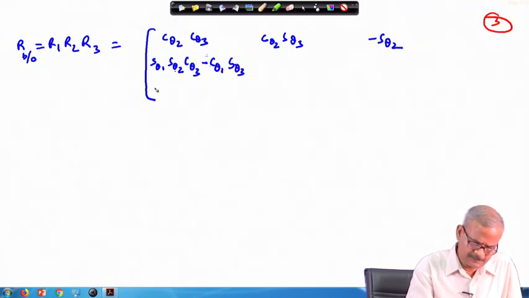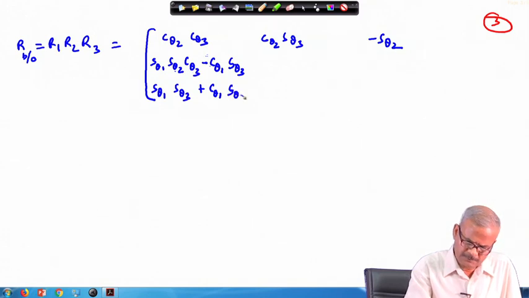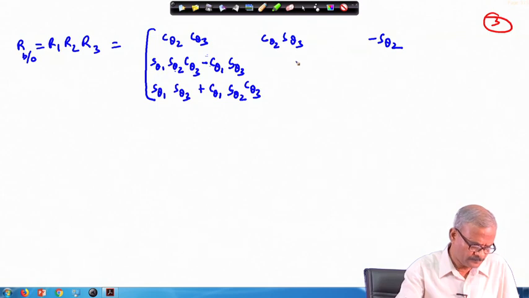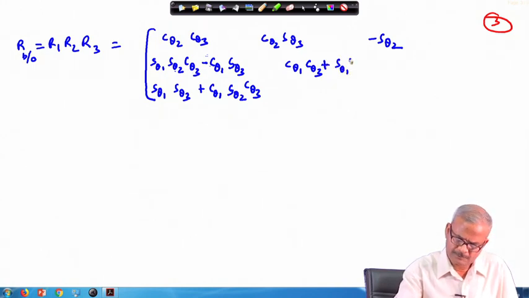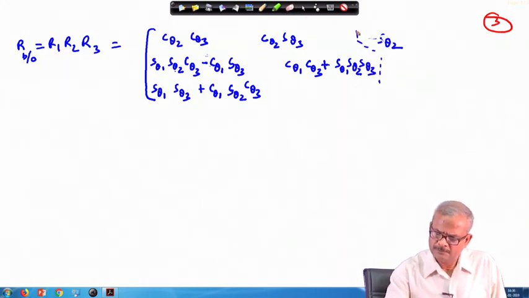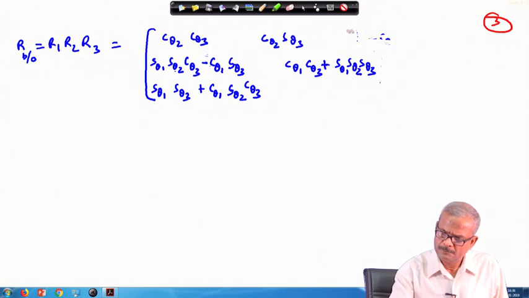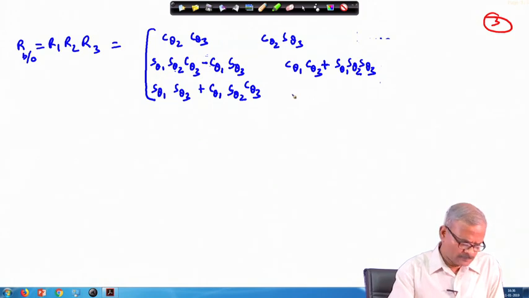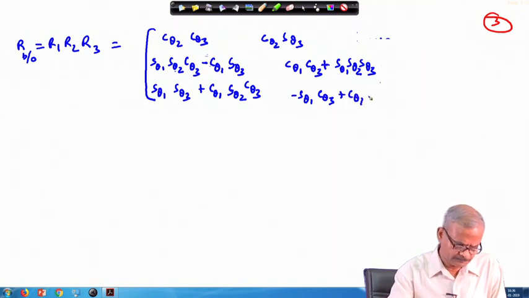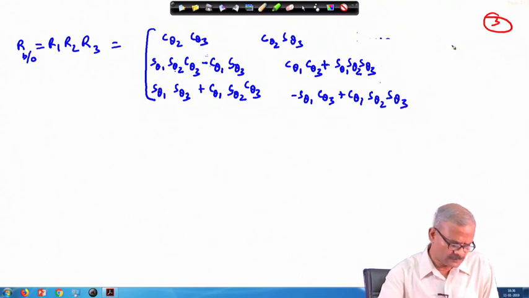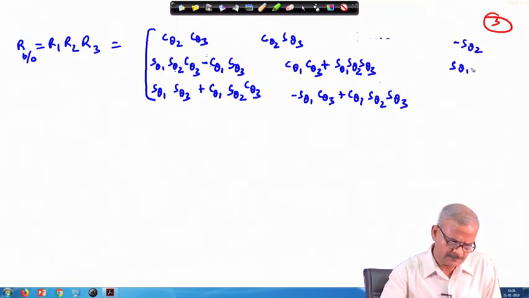Times S theta 3. So, okay, then this is minus S theta 1, C theta 3, and the last column is minus S theta 2, then S theta 1, C theta 2.